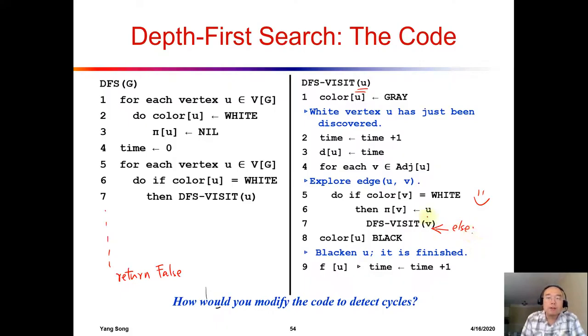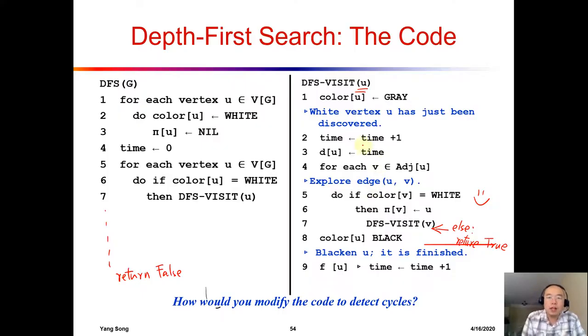If the vertex V has a color other than white, it can be black, it can be gray, then I want to return true immediately, saying there is a cycle. Okay, so this is a very quick solution to find the cycles.